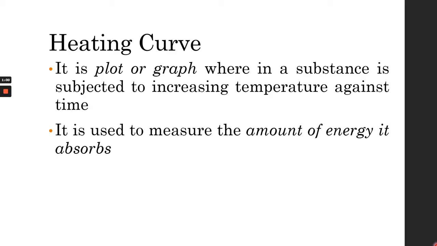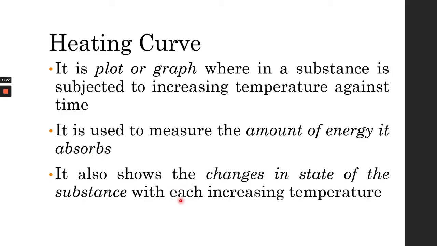This is very useful when we want to measure the amount of energy the system or the substance absorbs as we add heat onto the substance. When we talk about energy, I also want you to imagine it as heat. So when I say energy, you can interchangeably think of it as heat. As we add heat onto the substance, that heat is actually absorbed.